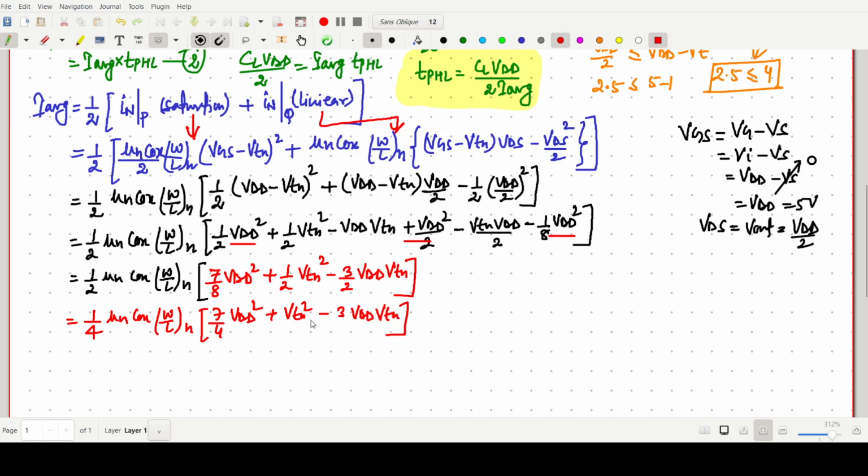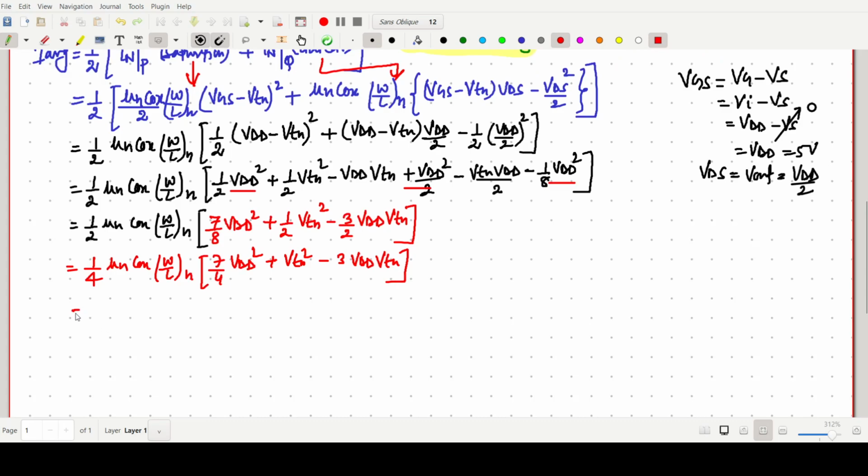One can also do the same thing by writing 1 by 4 mu n cox w by l of n, and I am also taking the common term VDD square. So it should be 7 by 4 plus VTN by VDD whole square minus 3 VTN by VDD. So this one is, we can say, the final expression for the I average.